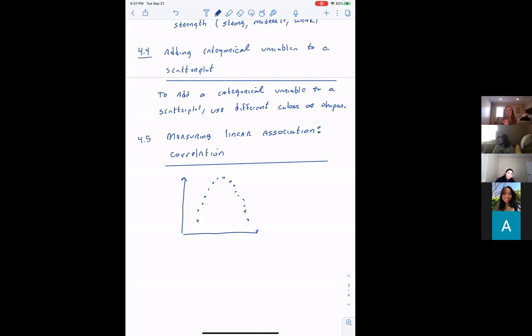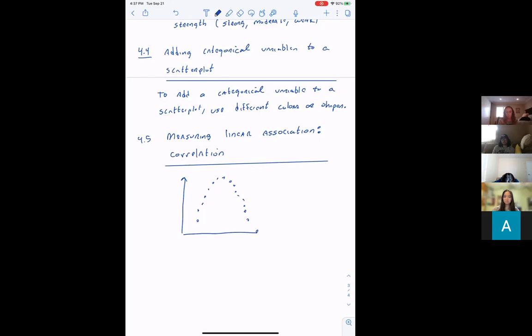I don't know offhand some kind of situation that would create a shape like this, but there certainly looks to be a pattern. What we do now in this section will not tell us that there's a strong relationship, because what we're learning is only about linear associations. It will tell us how strongly the data represents a linear relationship. If it's not linear, the technique will not work.